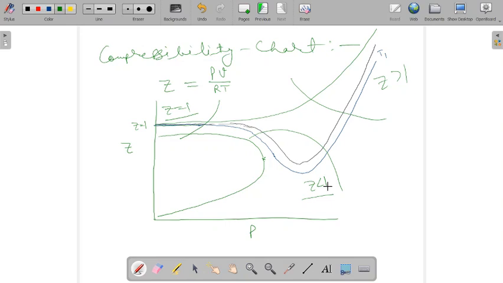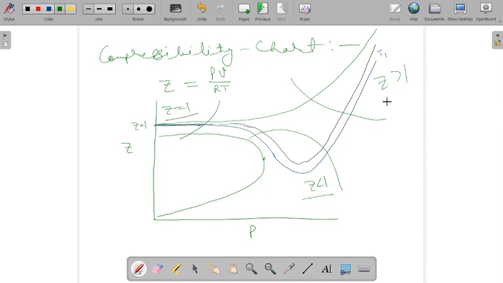When you keep on increasing the pressure, you will get a situation where pressure is so high that molecules are very close to each other. Once molecules are very close to each other, in place of attraction forces, they will show repulsive forces. There is some critical distance. If you bring molecules closer than the critical distance, then in place of attractive forces, you will experience repulsive forces.